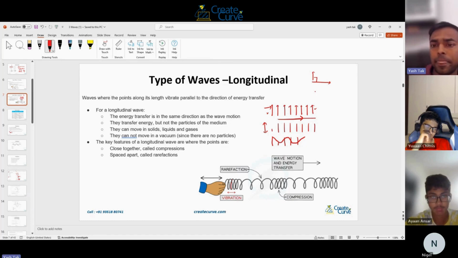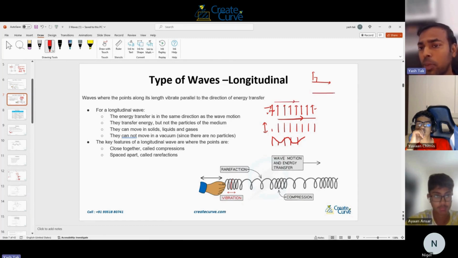I'll give you time. The second thing: when these students are moving like this and the wave is also moving in that direction, when wave propagation and particle motion are in the same direction, that type of wave formation we call the longitudinal wave.